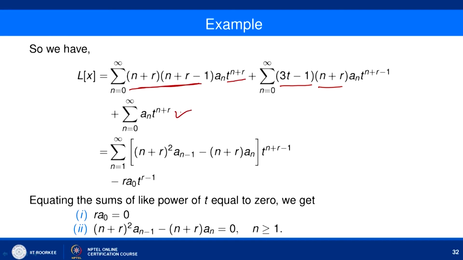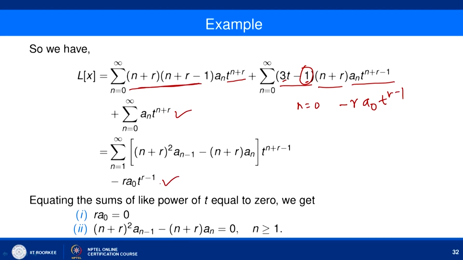Here this term and this term will contribute in t^(n+r), and if you multiply 3t into this, it will also contribute in t^(n+r), and this term will give the term of t^(n+r-1). So, when you put n equal to 0, let me write it here, corresponding to this you will get minus r a_0 and t^(r-1), which I am writing here.